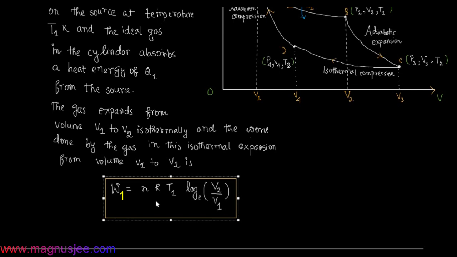This is the work done by the gas in the isothermal expansion, and this work done is W1.